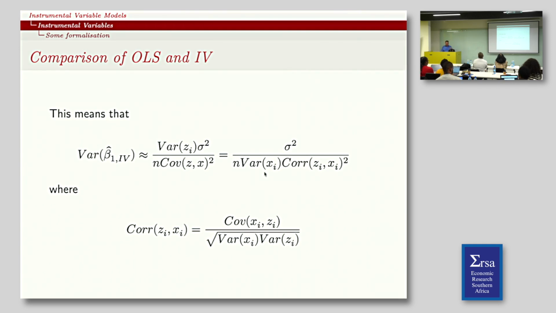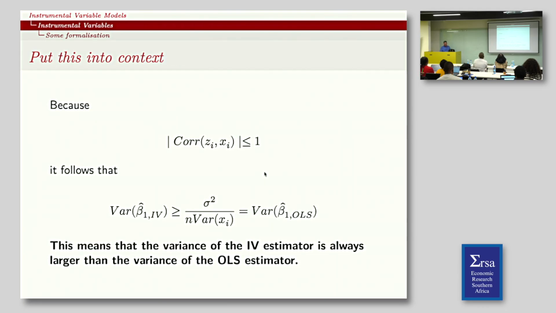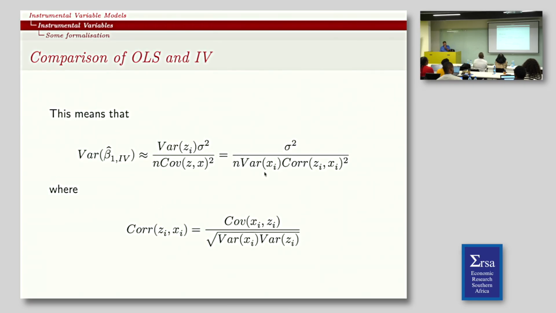So you rearrange these sorts of things, and you end up with a very basic statement like the following. And this is what people often don't entirely understand. So let's first notice this bit. The correlation between X and Z is the covariance between X and Z divided by the square root of their variances times each other. So that's a simple definition of the correlation.